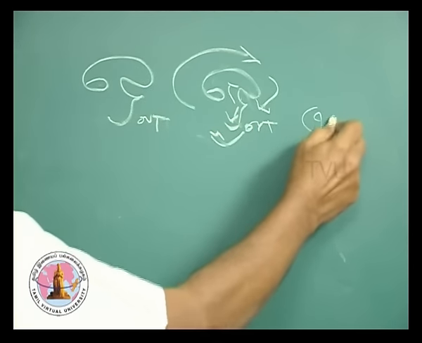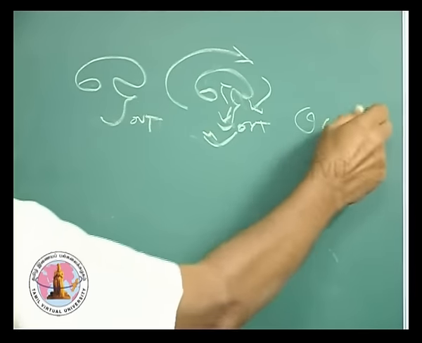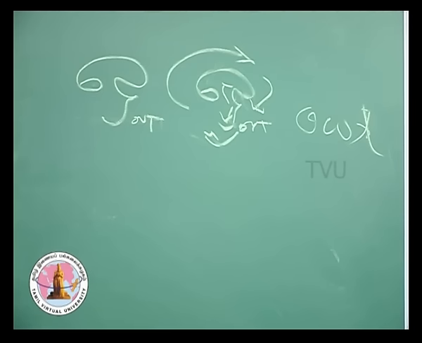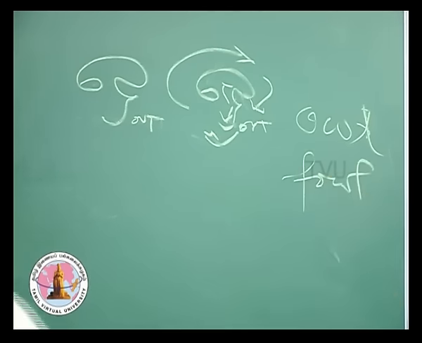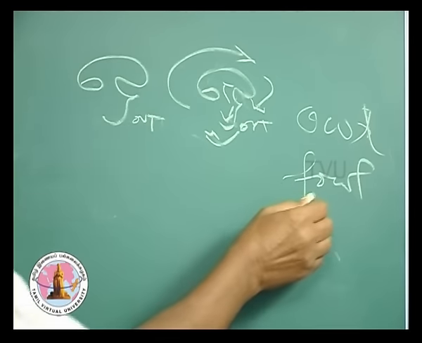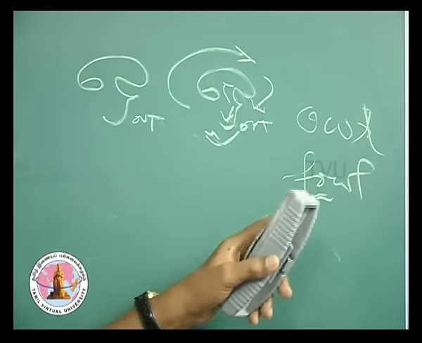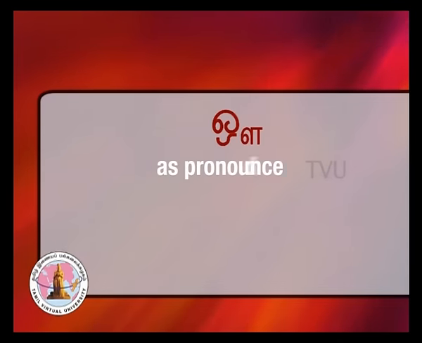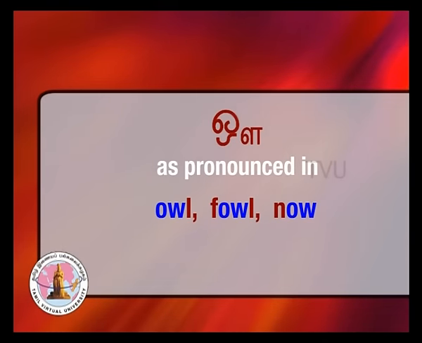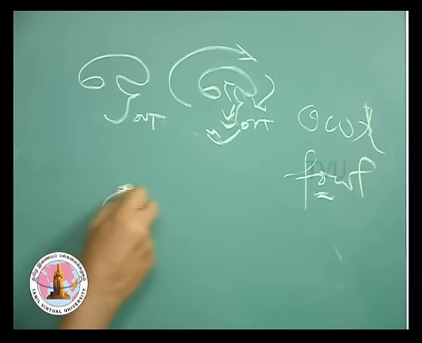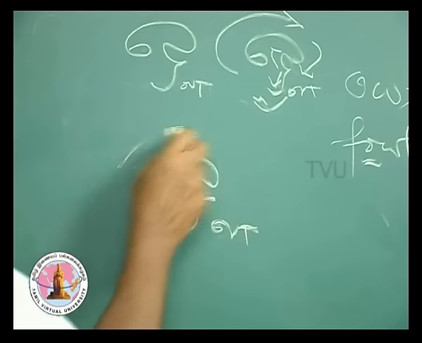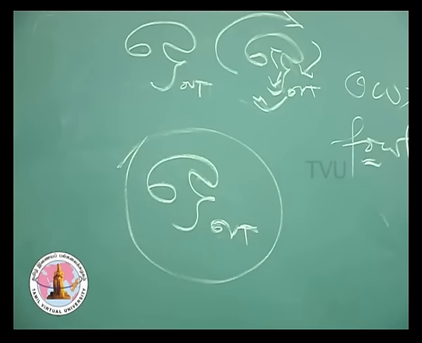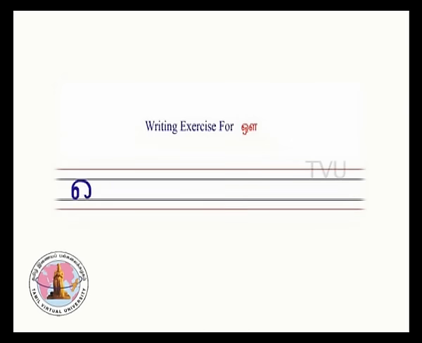Like owl or fowl, that is the vowel sound in the word fowl. This is how it is written, O, and you have this letter. The whole thing forms into one sound called ow. You have to practice it.